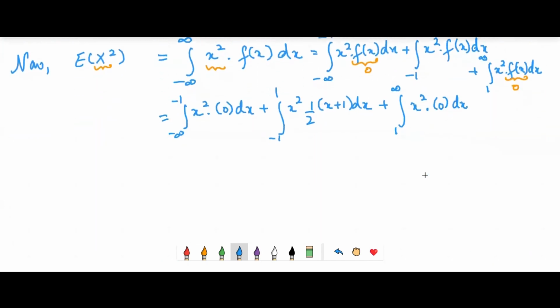Half will come outside because it is a constant. Open the brackets. So this is (x cubed plus x squared) dx.